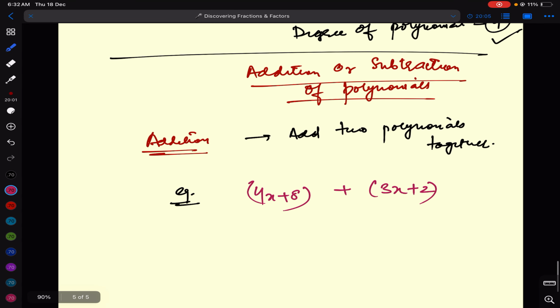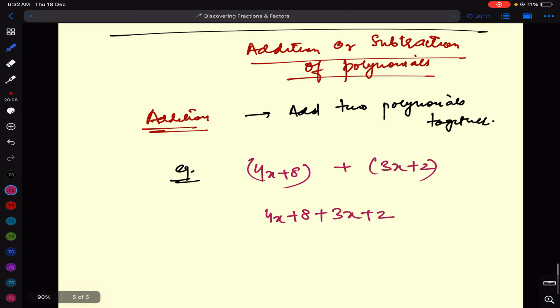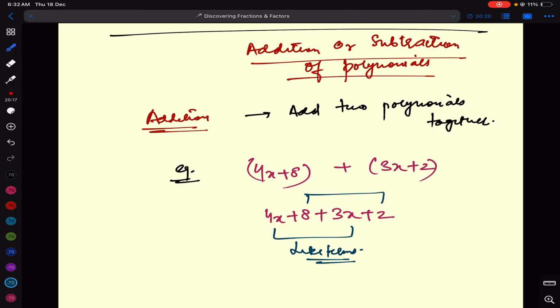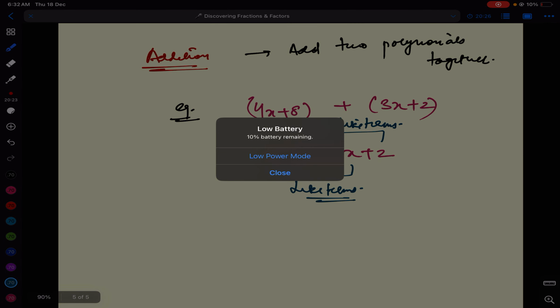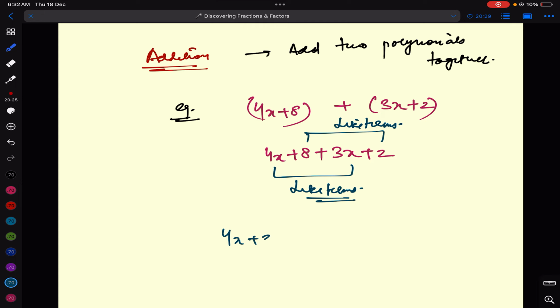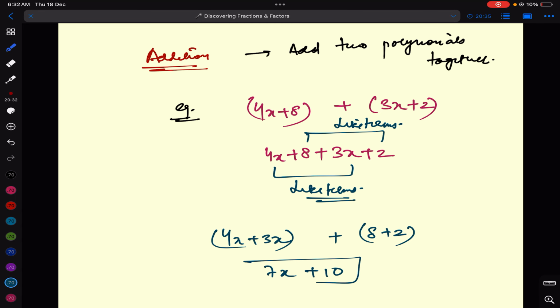When I add them, opening the brackets, it is going to be like this. Now I'll be combining the like terms. When I say like terms, these two are the like terms, which are basically the variable terms, and then these two are the constants, so they are also treated as their respective like terms. So we'll combine the like terms together. That is going to be 4x plus 3x and 8 plus 2. This is 7x and this is 10.